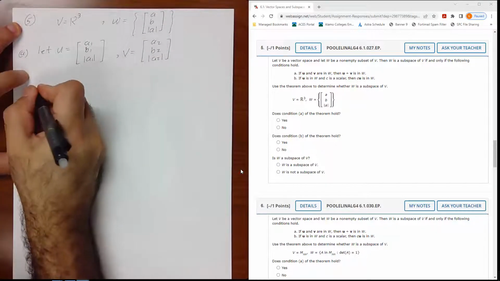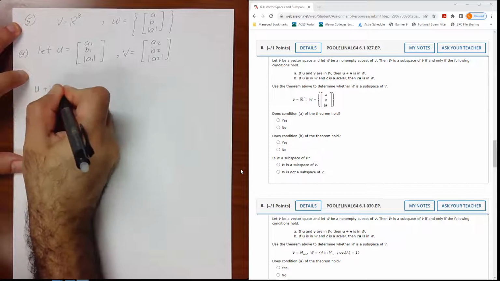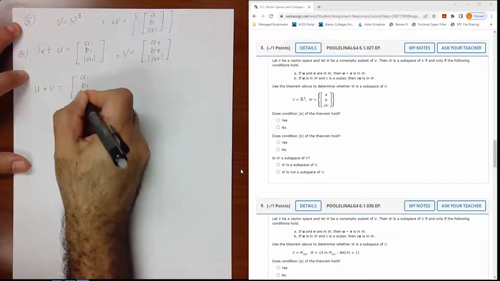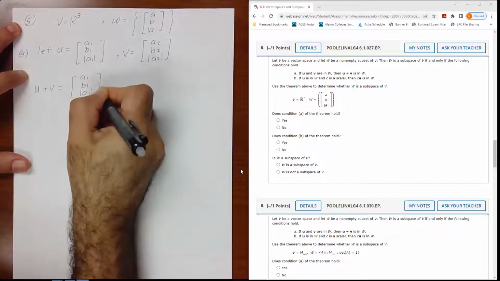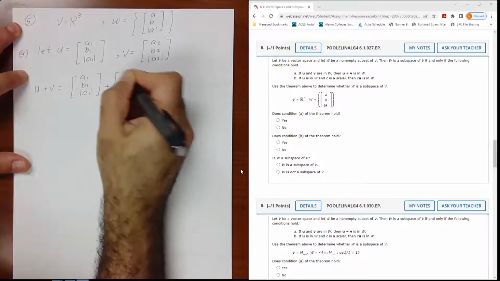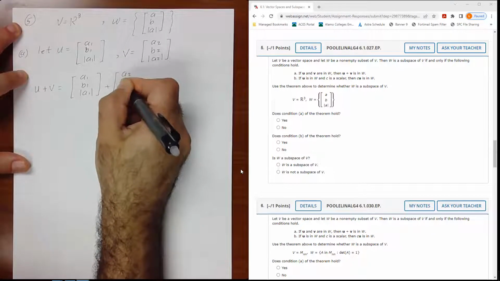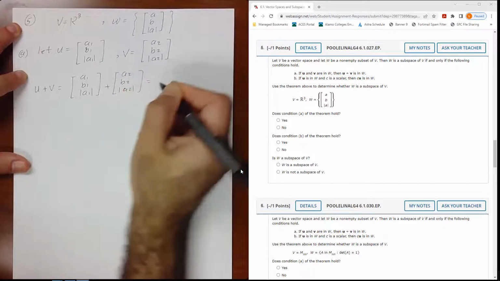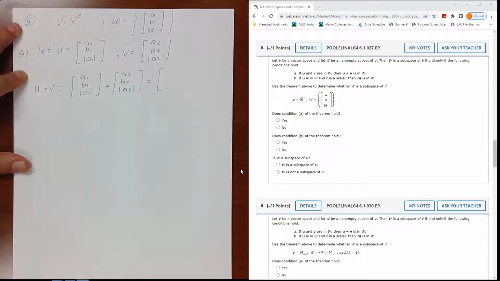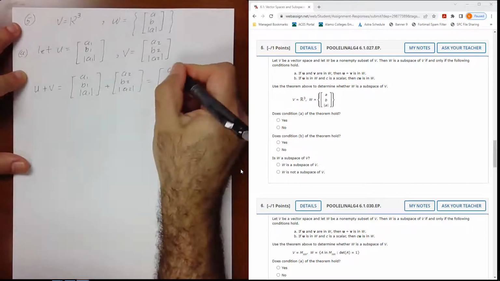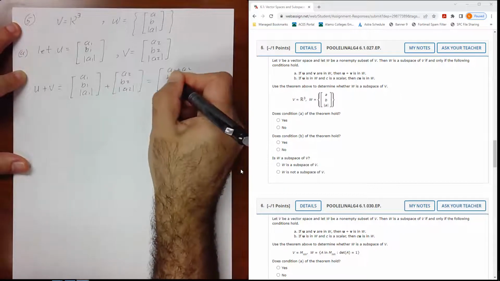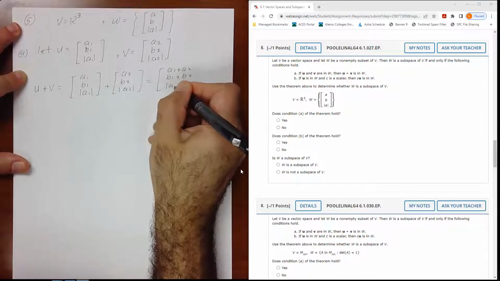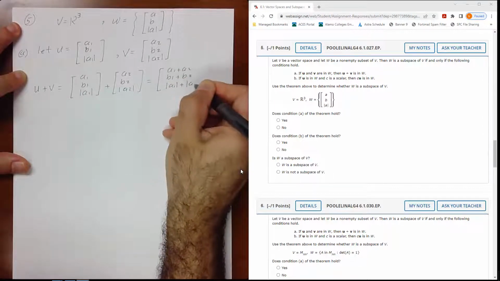So now we need to prove that U plus V equals A1, B1, and the absolute value of A1, plus A2, B2, and the absolute value of A2. This is going to be equal to A1 plus A2 and B1 plus B2, and the third element is going to be the absolute value of A1 plus the absolute value of A2.